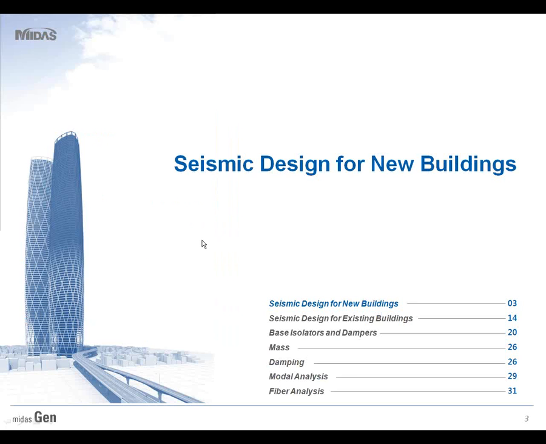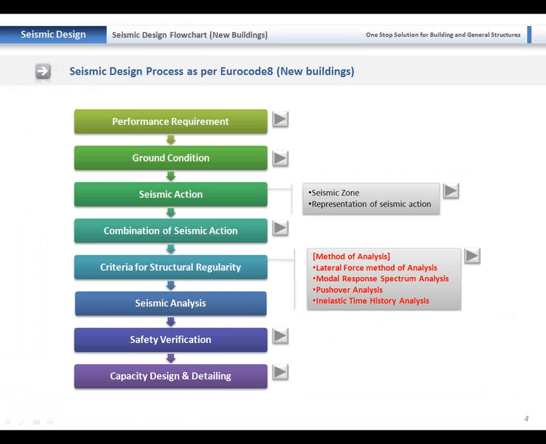So let's go to the seismic design for the new building. This flow chart shows the seismic design procedure as per the Eurocode for new buildings. For the new building, those procedures are required for designing the building.